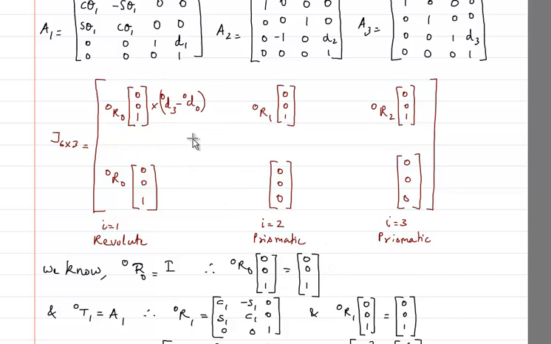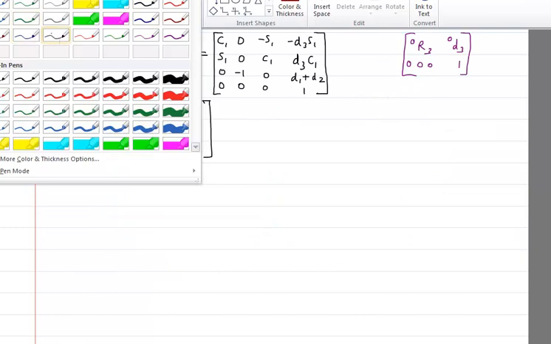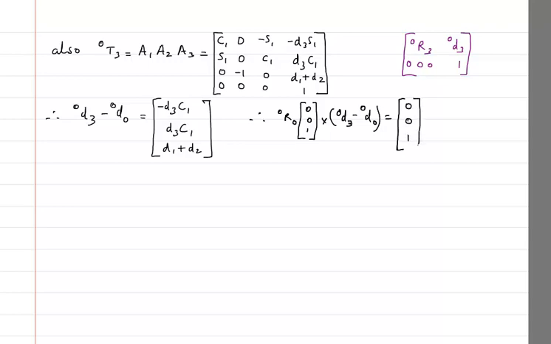So this whole term I can write therefore as 0 r0 0 0 1 cross multiplied with 0 d3 minus 0 d0, which is going to be cross multiplying 0 0 1 with this portion, this equation.